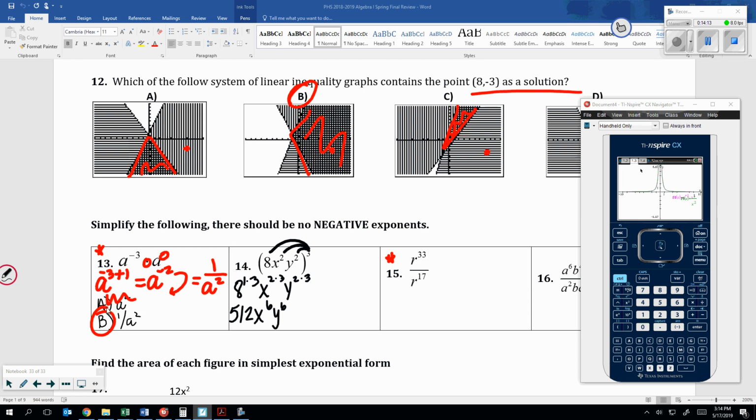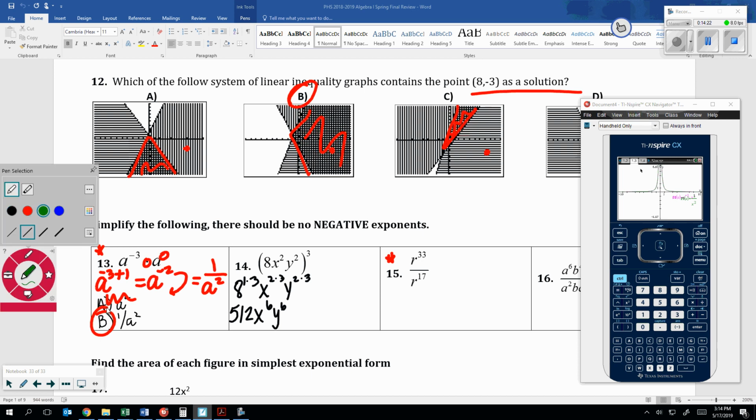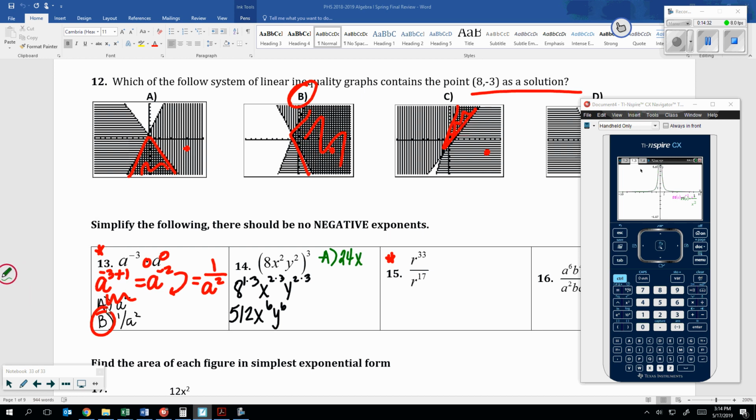Now, if we want to graph and match, let's say we just have our original. Let's say we have A is 24, x is 6, and y is 6, and B is 512, x is 6, y is 6.